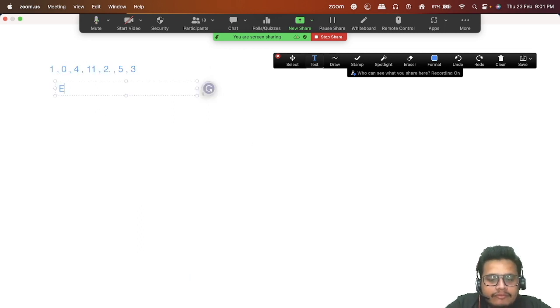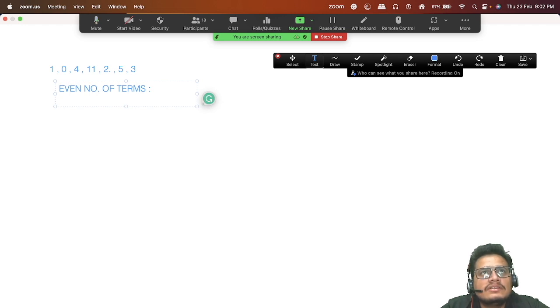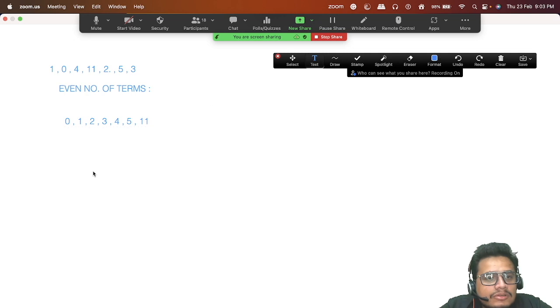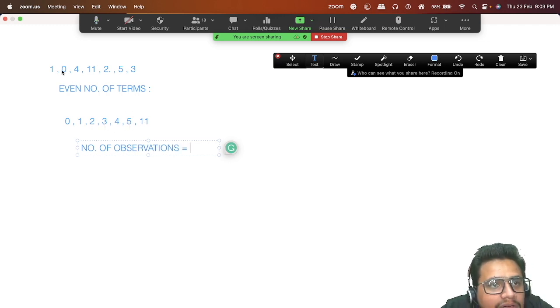Now when we have an even number of terms, इस केस में क्या होगा? When I have an even number of terms, how will I find my median? तो पहले इसको एक बार असेंडिंग ऑर्डर में लेके आते हैं. वो क्या? 0, 1, 2, 3, 4, 5 एंड 11 है ना. उसके बाद ओके, मेरे पास नंबर ऑफ ऑब्जर्वेशन कितनी है? 6 नहीं है, इसमें एक टर्म और ऐड कर लो, 14. 8, right?